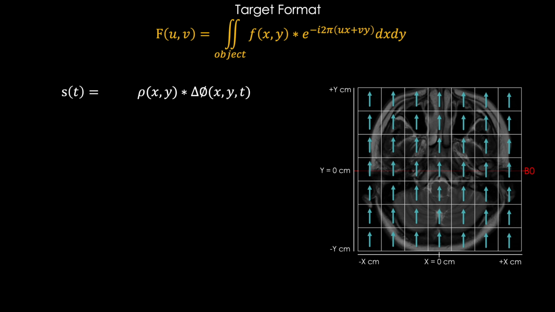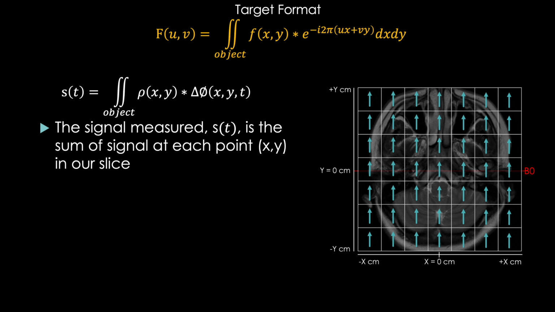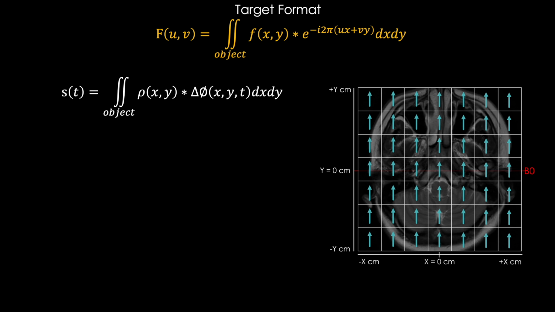Now, as we've covered before, the total signal we measure, S of t, is going to be the sum, denoted by these two wavy lines, of our object in question, in this case the signal at each point xy coming from within our slice, dx dy in mathematical terms. Okay, not bad. Comparing our very early formula to the goal formula above, you can already see there's some similarities here.